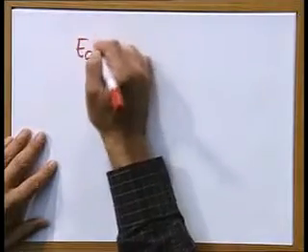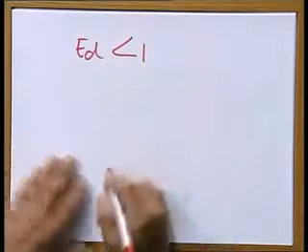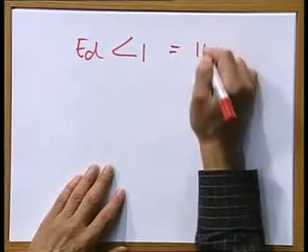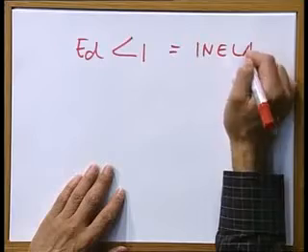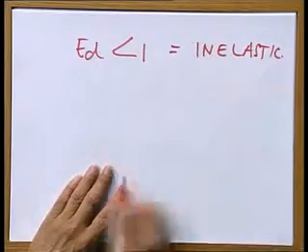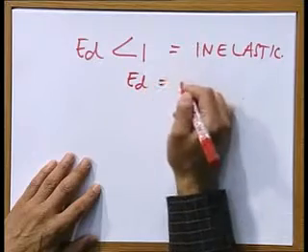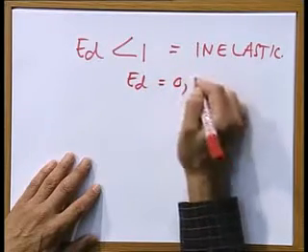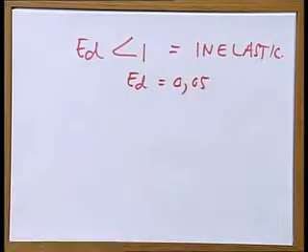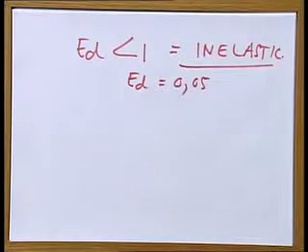The second one is where ED, the elasticity coefficient, is smaller than 1. Then we say the demand for this product is inelastic. Okay? So for a practical example, if you calculate the price elasticity of demand and you calculate it is 0.05, that is smaller than 1, then the demand for that product is inelastic.